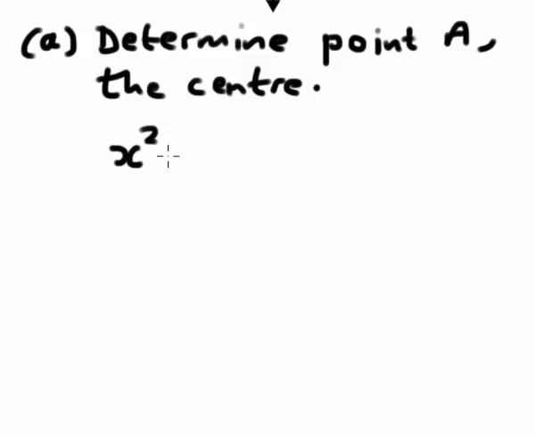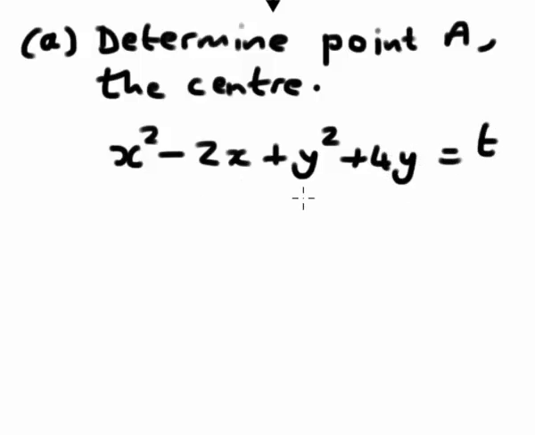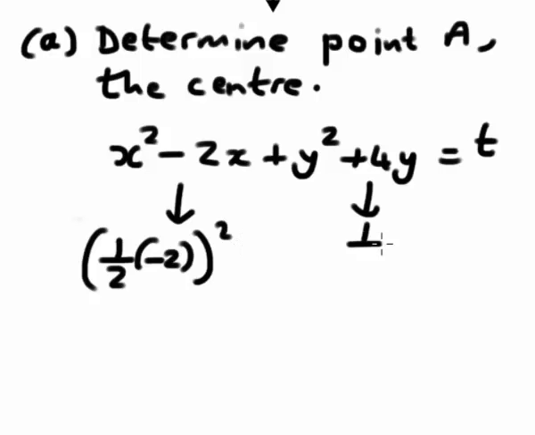We've got x squared minus 2x plus y squared plus 4y is equal to t. If we complete the square, remember, what are we going to do? Let's take half the coefficient of x, all squared, and half the coefficient of y, all squared.